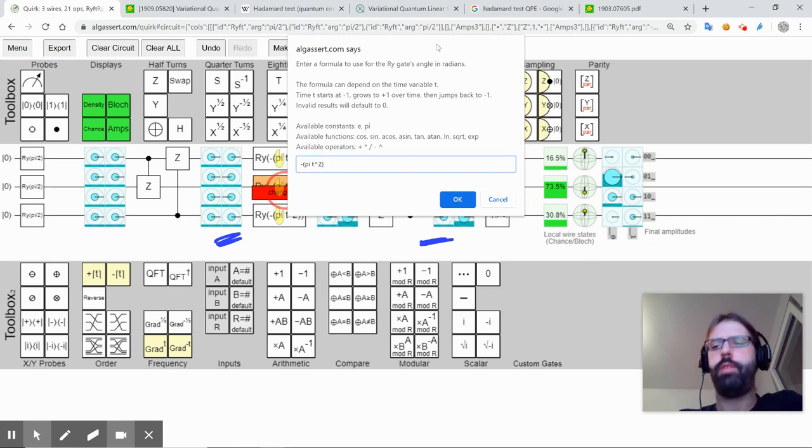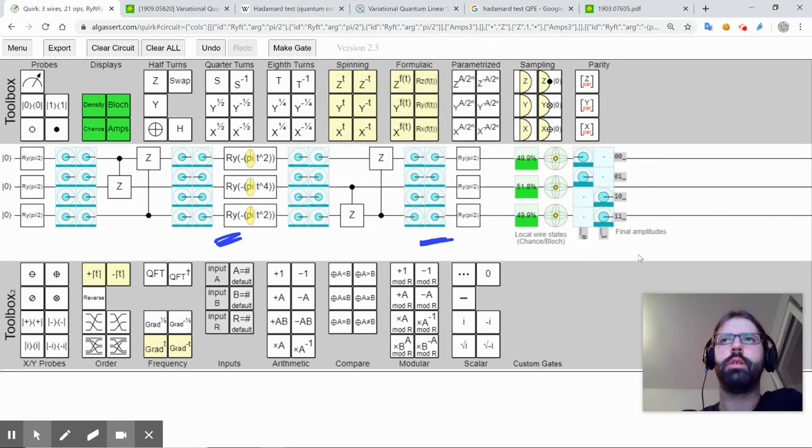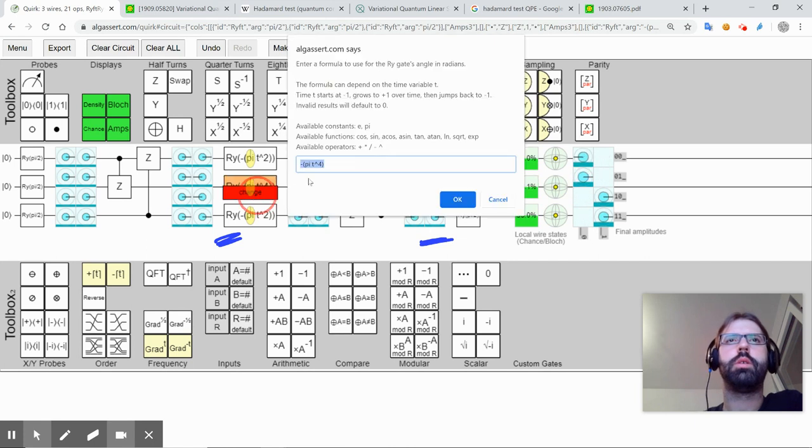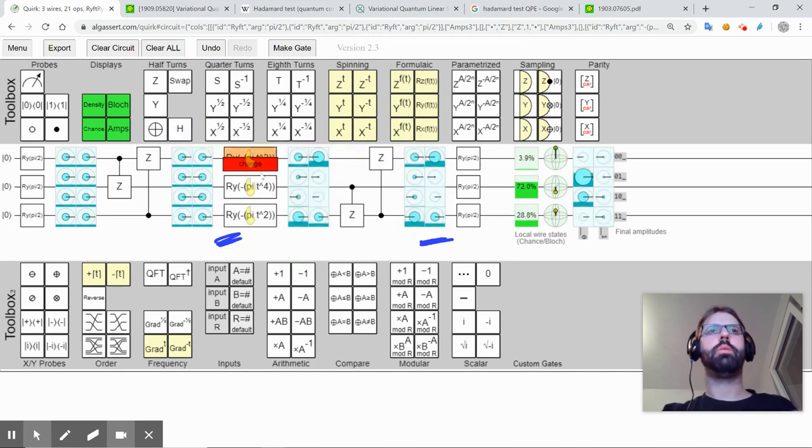If I vary this one slower, okay, it's a bit different. So I don't want minus pi.